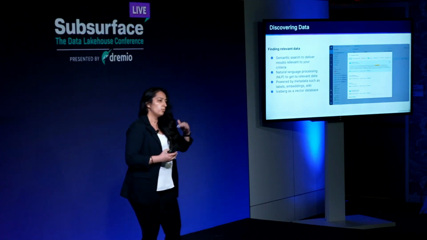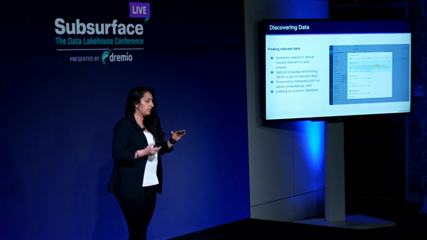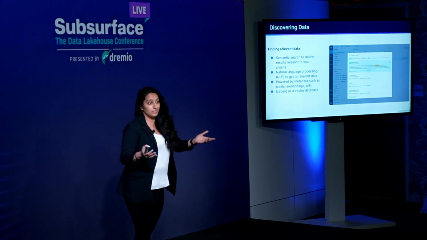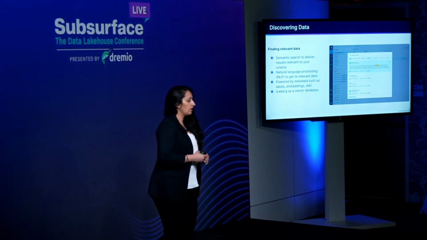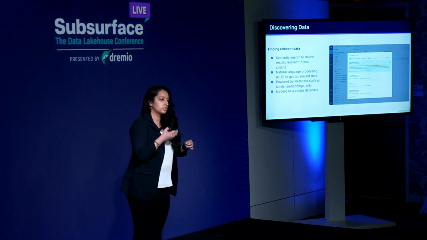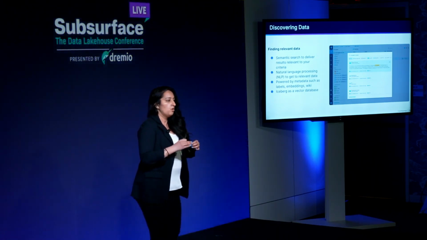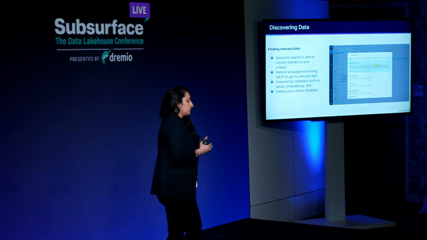With semantic search, you start to add a lot of semantics, right? From your wikis, from your labels, from embeddings that are there. With a search powered by that metadata, somebody can ask a question with natural language and we can give you data sets that are relevant, not just because the name matched, but because what's in that data set matched what you were looking for.